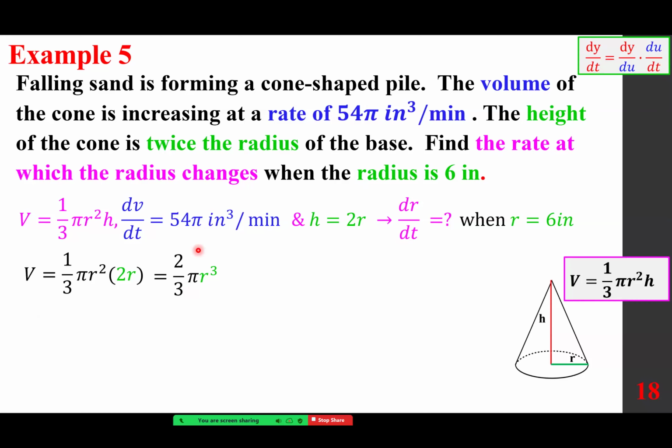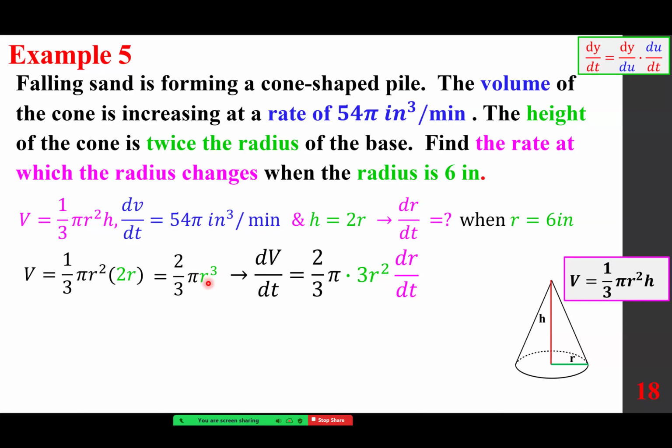First, to differentiate this, you keep the 2/3 pi because it's a multiplier, and you just deal with r cubed. What is the derivative of r cubed? 3r squared. And this part results in dr/dt. So one more time, r cubed, 3r squared, dr/dt.